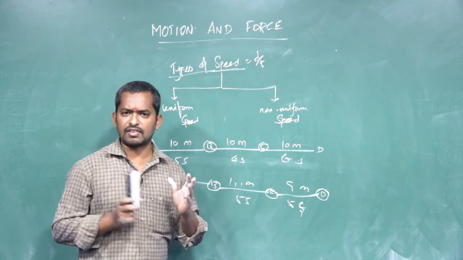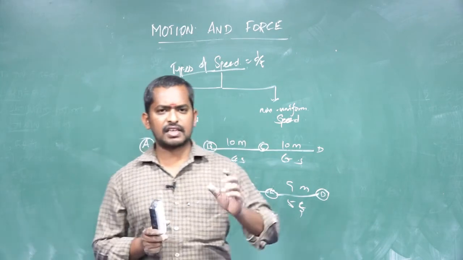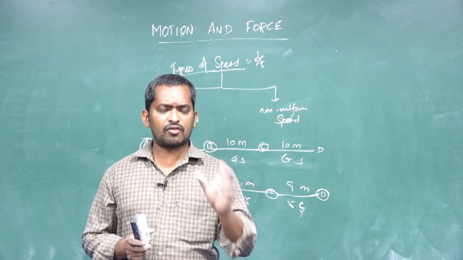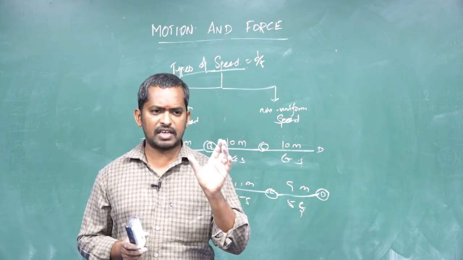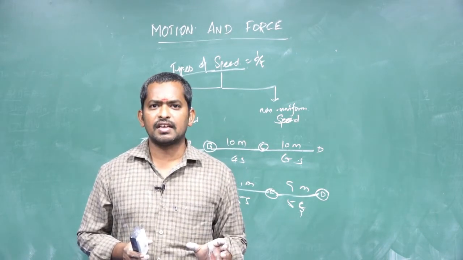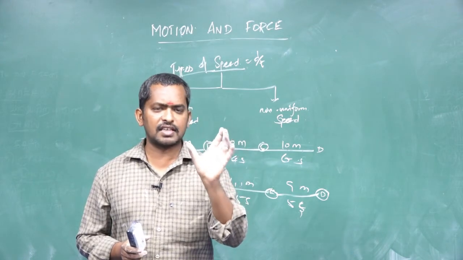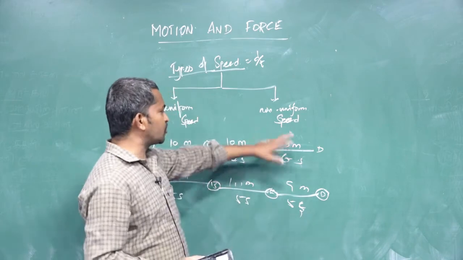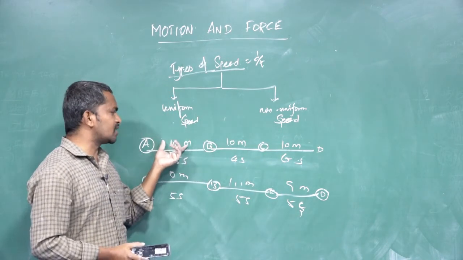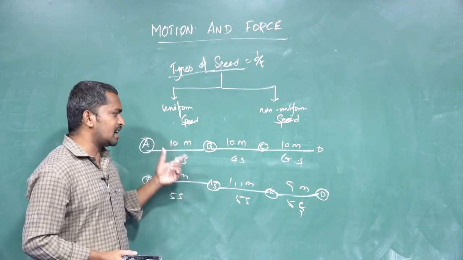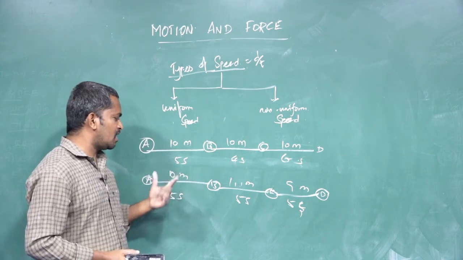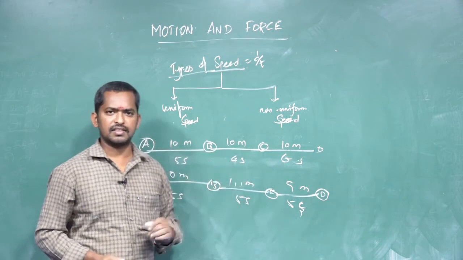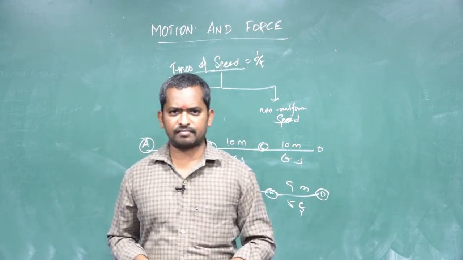So uniform speed means the object covers equal distance in equal intervals of time. Non-uniform speed means equal distance in unequal time, or equal time with unequal distance.